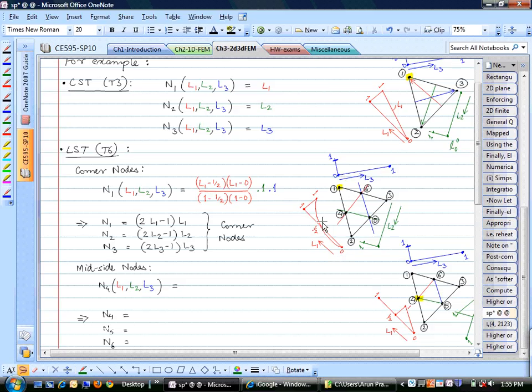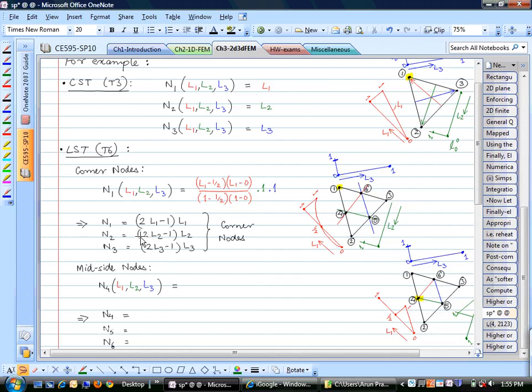Then you take that curve and multiply it with 1 in the L3 direction and 1 in the L2 direction, and that gives us immediately the formula for the triangular shape function for node 1. If you simplify this, you will see that this is half, this is 1, so the half goes up, and this simplifies to twice L1 minus 1, times L1.